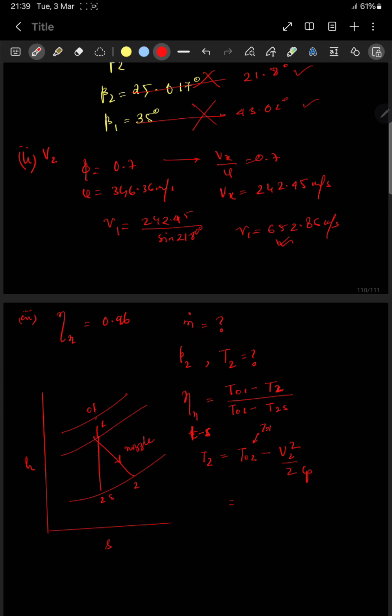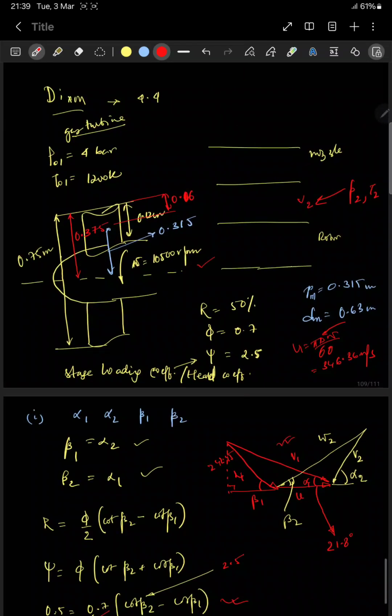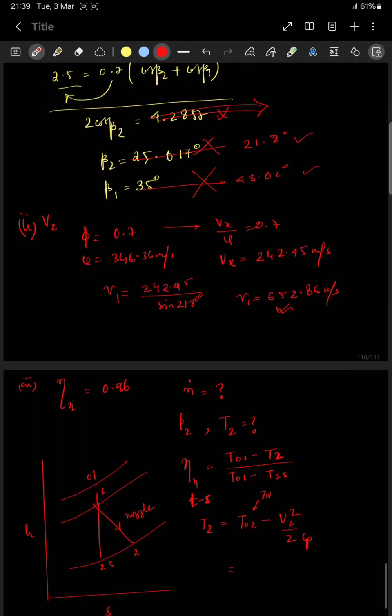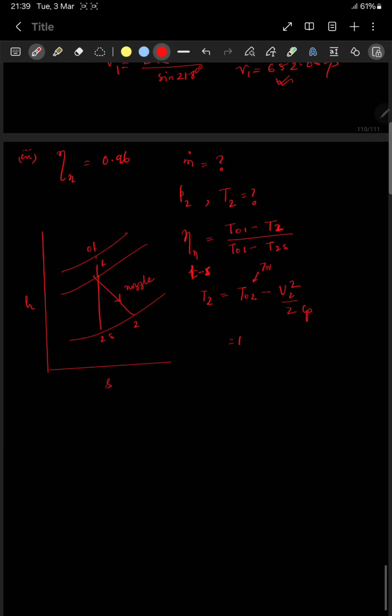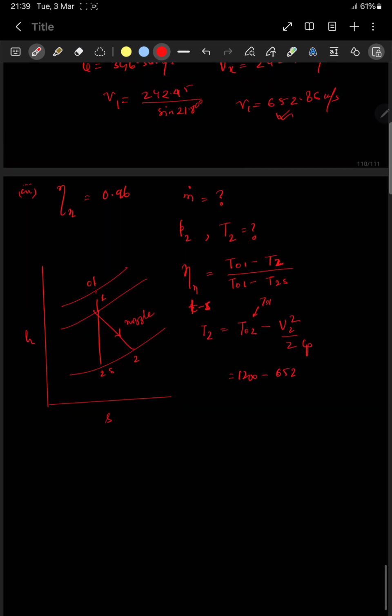T02 is T01 because there is no heat or work transferred across the nozzle. The value of Cp I'll take as 1160.